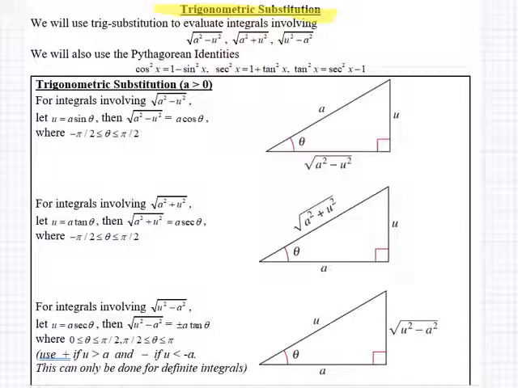So, trig substitution. First off, there are three roots that we're going to look at. In these roots, a is a constant and u is a function of x. These roots should look somewhat familiar to you. We've seen some of them when we did inverse trigonometric functions, and these are also going to show up in trigonometric substitution.